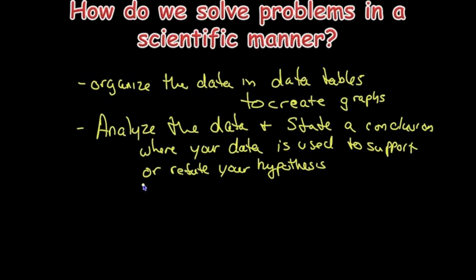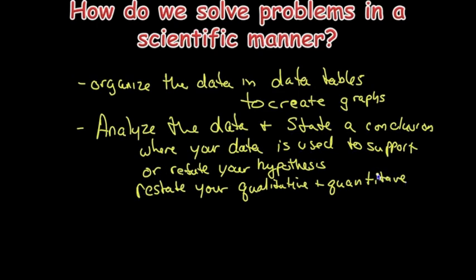This is the point in your experiment where you're going to restate your qualitative and quantitative data to support your conclusion. Okay? So this is the point in your experiment where you're going to use and restate your qualitative data and your quantitative data to either support or refute your hypothesis. Okay? And so that's how scientists solve problems.